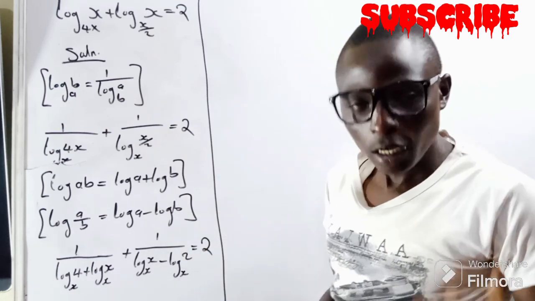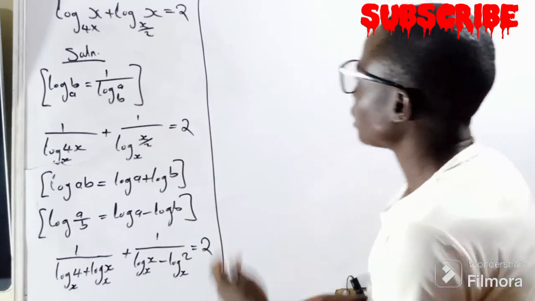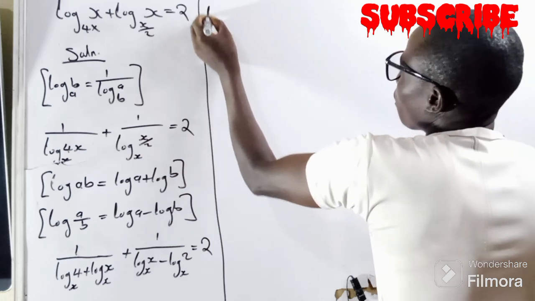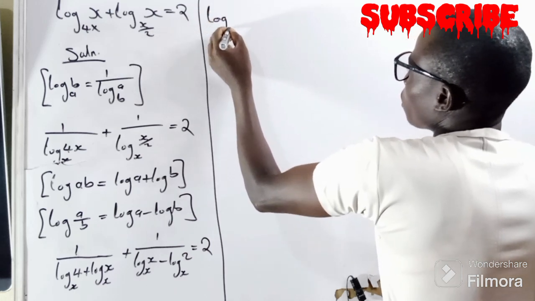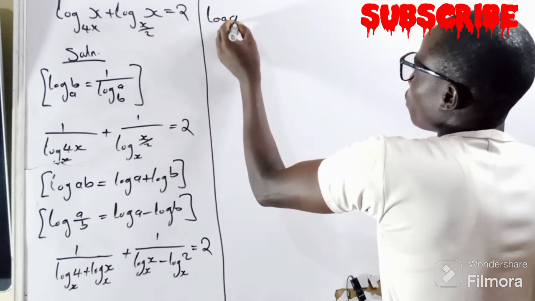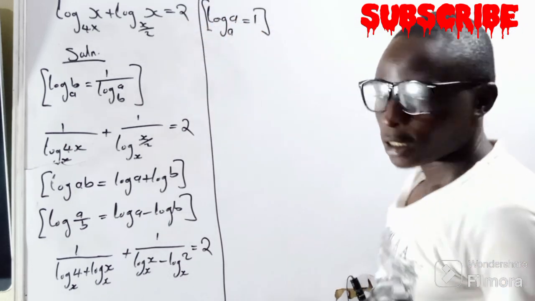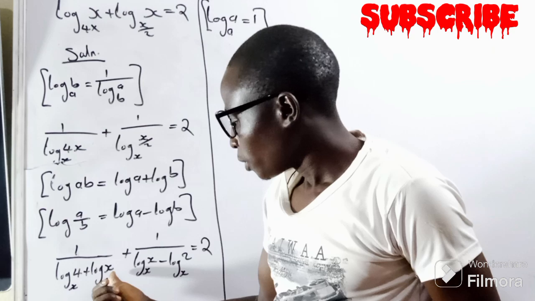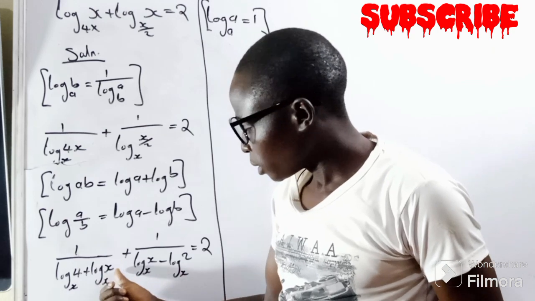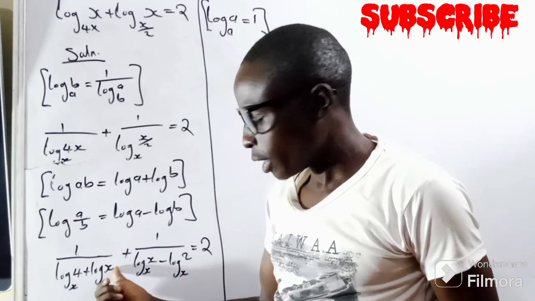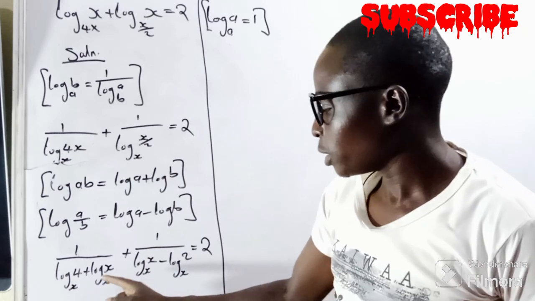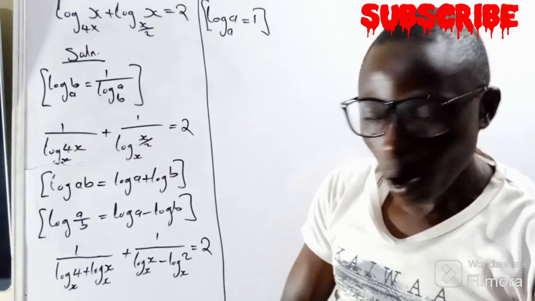We need to still recall that law that says whenever I have log to base a of a, it is equal to 1. Here I have the same scenario, log to base x of x, log to base x of x. That means these are automatically 1 each.